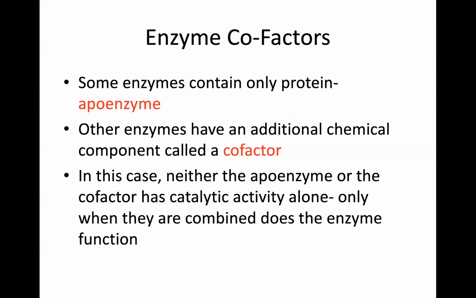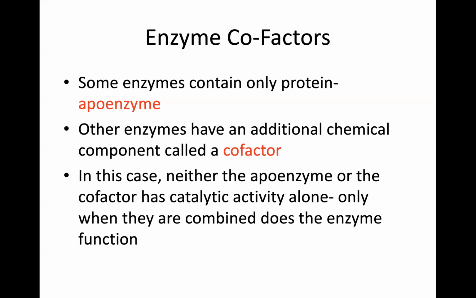So what I'm saying is that some enzymes function completely independently as that protein. An enzyme is a type of protein. Some of them are active as an independent protein. It has the enzymatic activity. We call that an apoenzyme. It's just a protein.